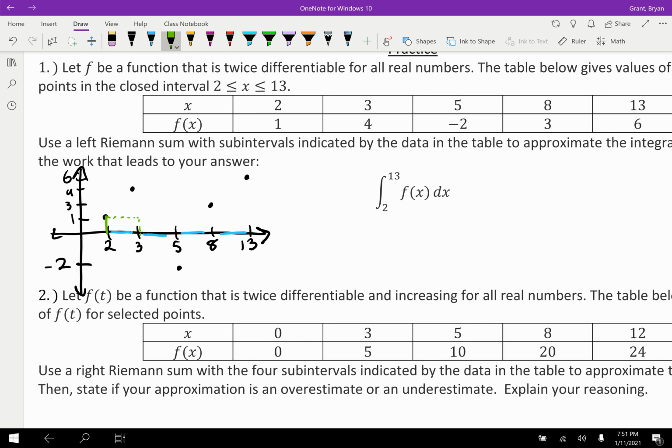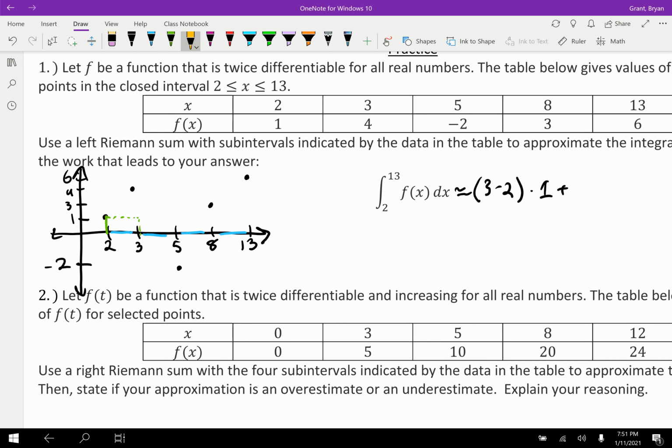Okay, so there's the first one. And if I'm approximating the area, let's find the area of that first one. The base is 1, right? That's subtracting those two right there. The base is found by doing 3 minus 2, and the height is 1. Great. There's my first one. Then we need to add on the second one.